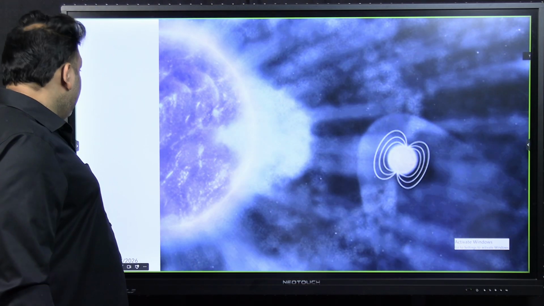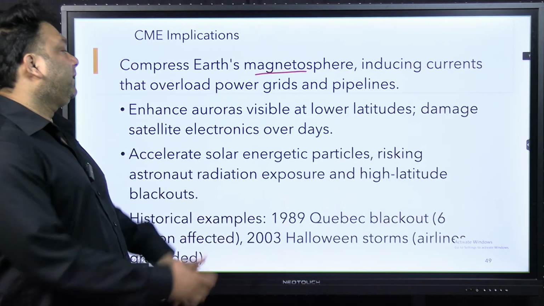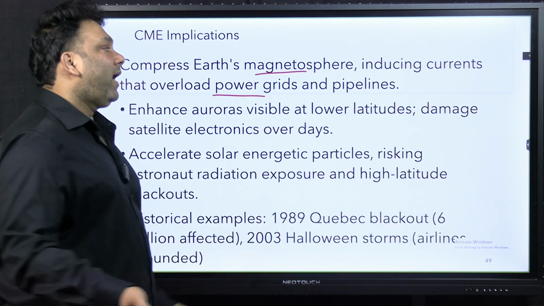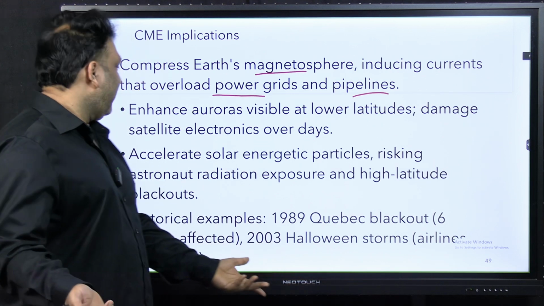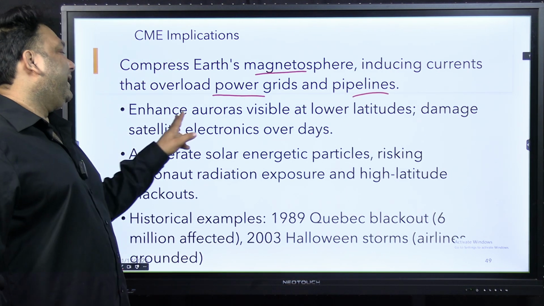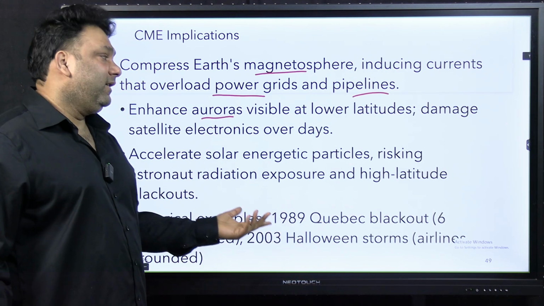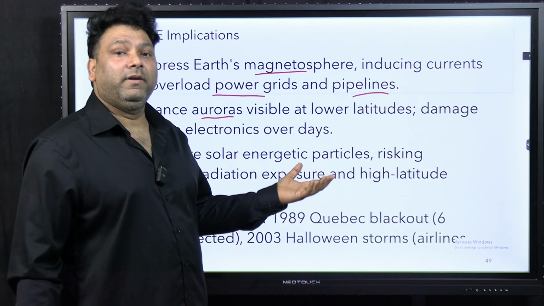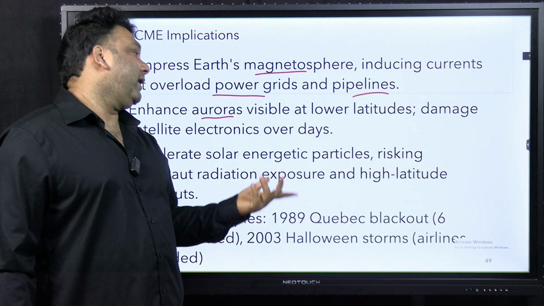So implications: power grid failure can happen, pipelines can be disrupted, etc. It can also enhance auroras. The northern and southern lights, which are found in the higher latitudes, can be enhanced.